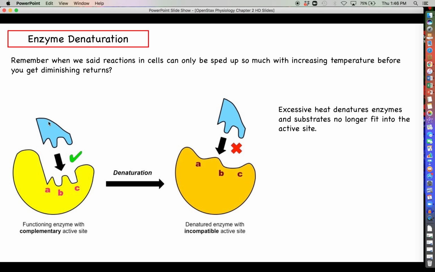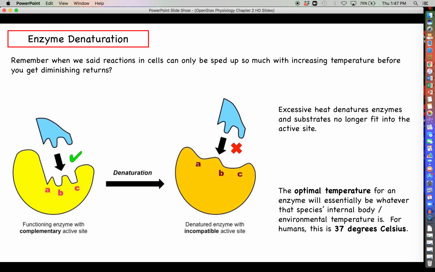If you look at the picture here, substrates are meant to fit into a very particularly shaped active site for that enzyme. Again, this is why this substrate fits into this enzyme's active site and not other enzymes' active sites. But with excess temperature, the shape of the active site is drastically going to change such that the substrate doesn't fit there anymore, and that reaction is no longer going to be catalyzed by this enzyme, and you're back to dealing with a reaction that is technically spontaneous, but because there's no enzyme, it's going to be very, very slow.